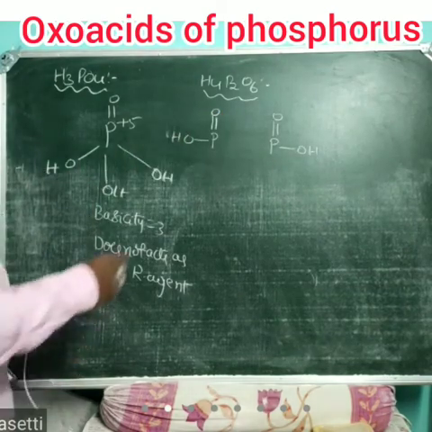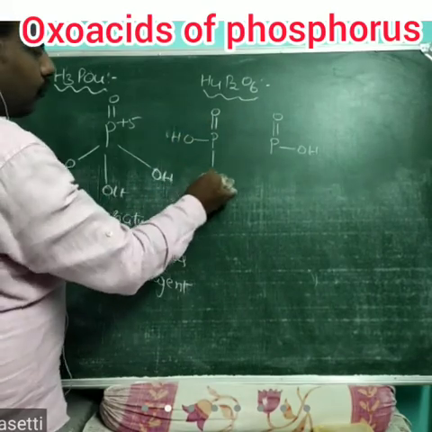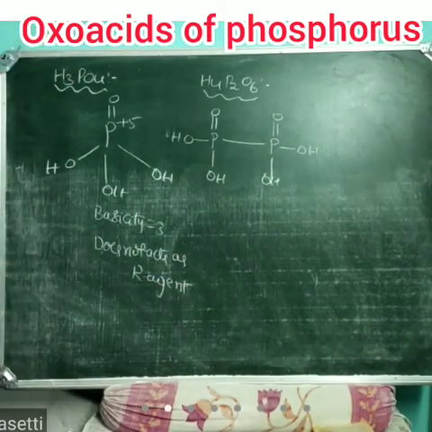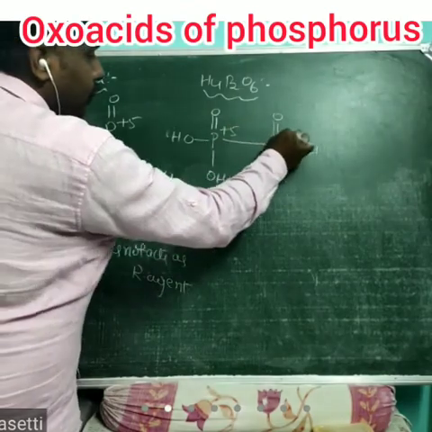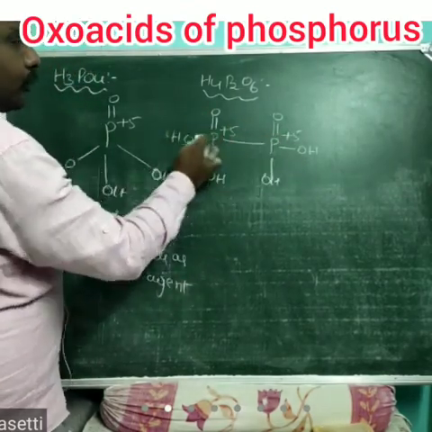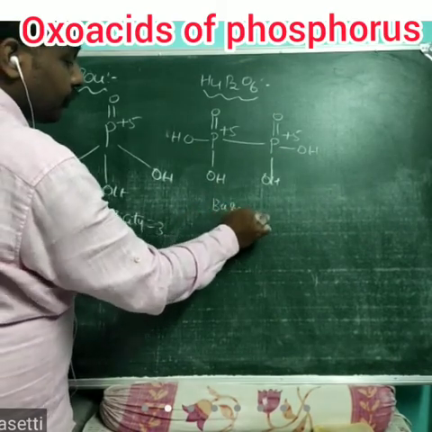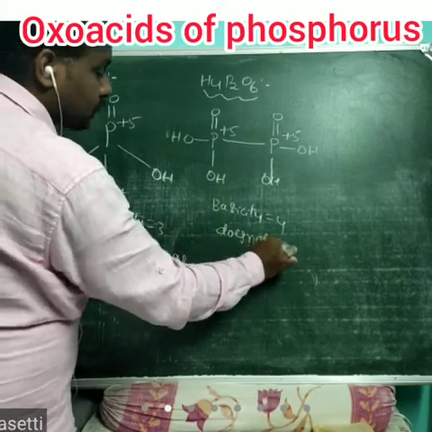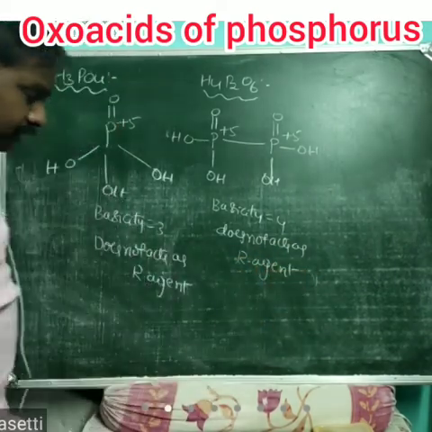Now 6 oxygens are there. Here 4 oxygens are completed. So this is the structure of hypophosphoric acid. The oxidation state here is +5, here it is +5. So it contains 2 P=O bonds and 4 P-OH bonds. Basicity is 4. It does not act as a reducing agent.